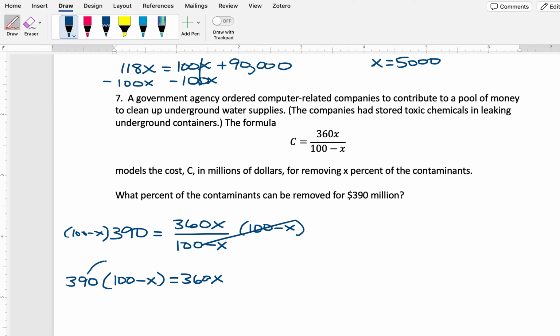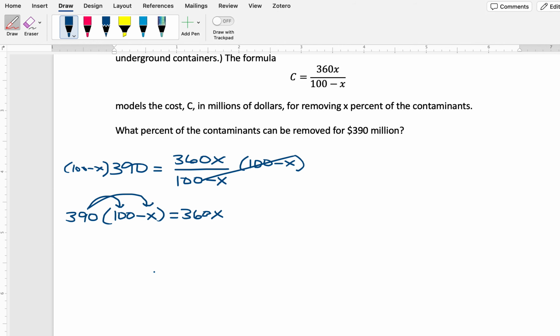Now I'm going to distribute this 390. So that's going to give me 39,000 minus 390x equals 360x. Next, I'm going to combine the x's by adding 390x to both sides.